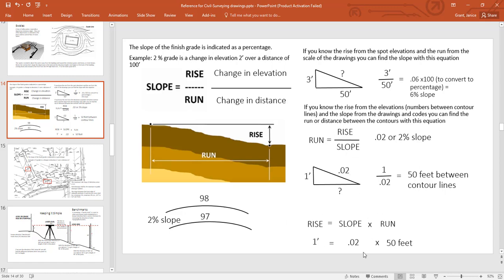And then down here, this is the one that you're looking for, the question at the end of the chapter. Rise is then equal to slope times run. Now remember, this is feet, so we're talking about the run is 50 feet. In this example, the slope is 0.02, so the rise is 1 foot.